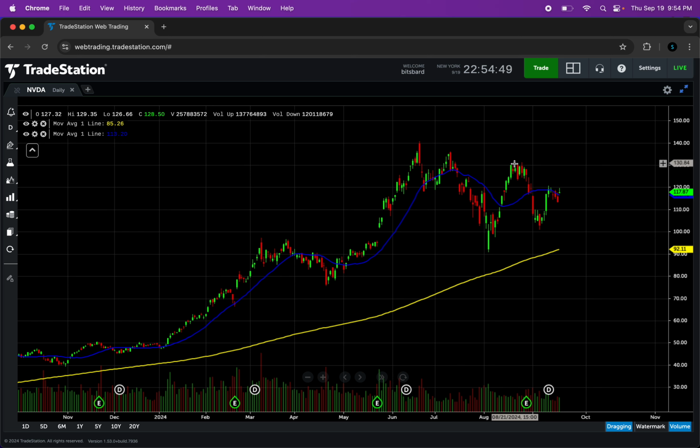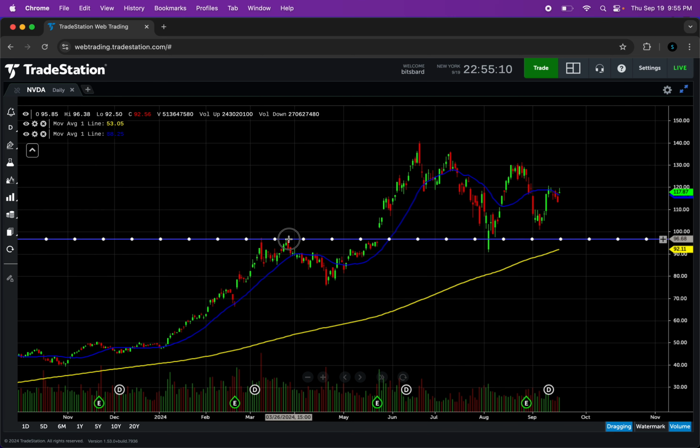The trade I took on NVDA most recently is this buy setup here. The reason I took this is because, one, we have a long bias. We're in a stage 2 upward trend. Recently, what was this ceiling area became the floor and we bounced.